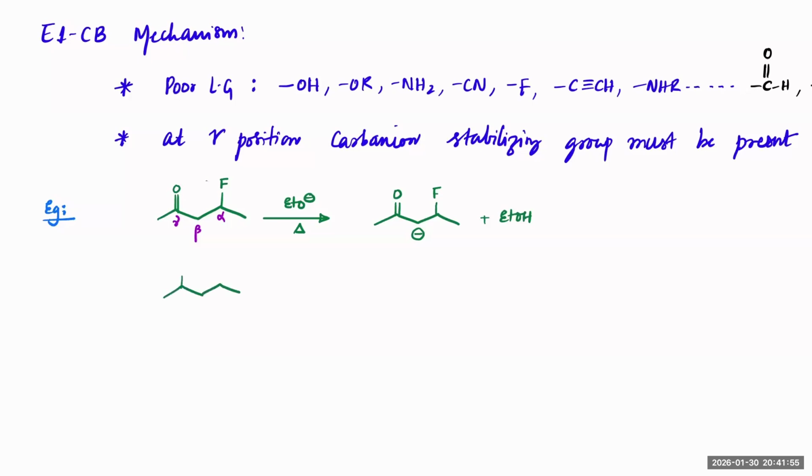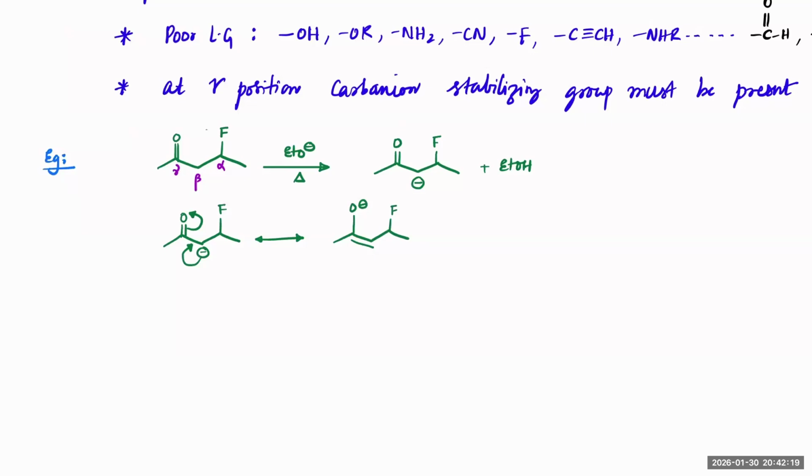Once you get a carbanion, this carbanion can only be formed if it has some stabilizing group at the gamma position. That is, resonance stabilization should be offered at the gamma position like this.